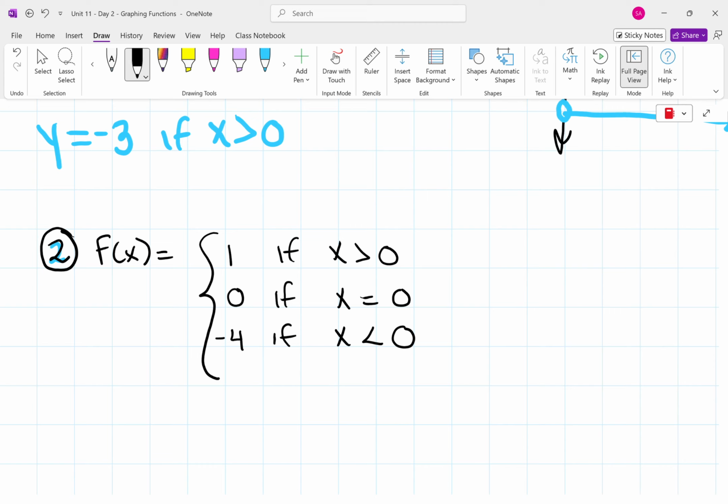You might have trouble with that middle one, but I feel like some of you might be able to figure it out, that 0 if x equals 0. I feel like you'll mostly figure it out.